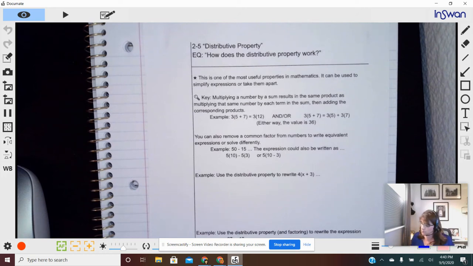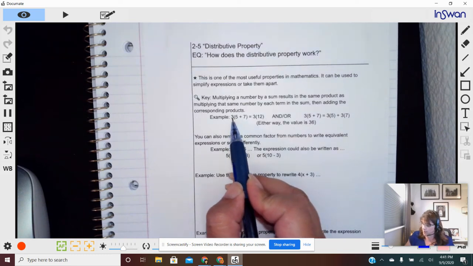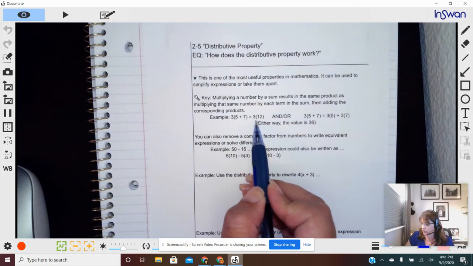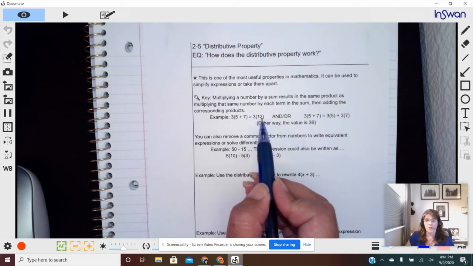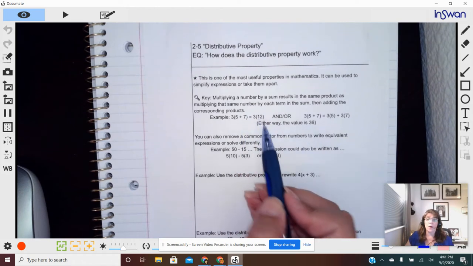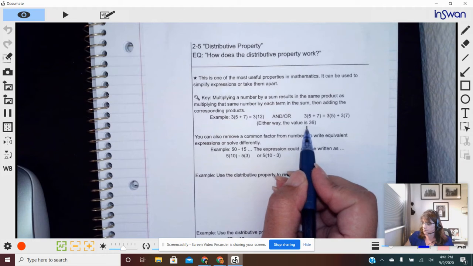Okay. So if you notice in this example, 3 times the quantity 5 plus 7 is equal to 3 times 12. Well, 5 plus 7 is 12, so I'm going to believe that, yep, they're both 36, okay?